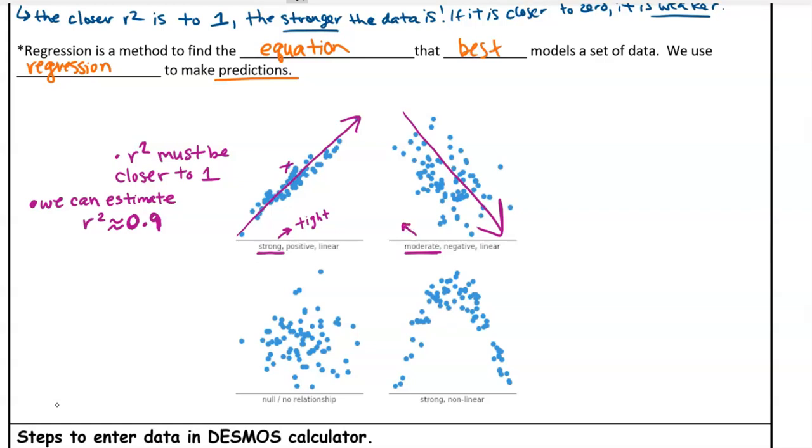And another word we can use for this could be loose. So we could say that R squared, is it closer to 0 or closer to 1? Yeah, it must be closer to 0.